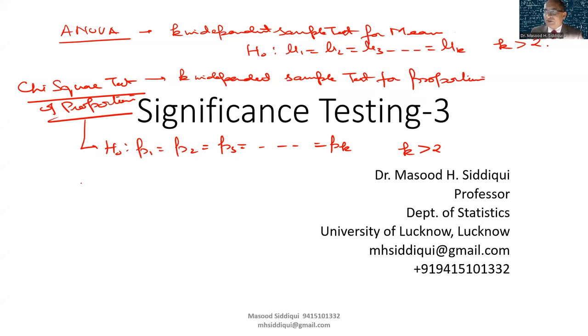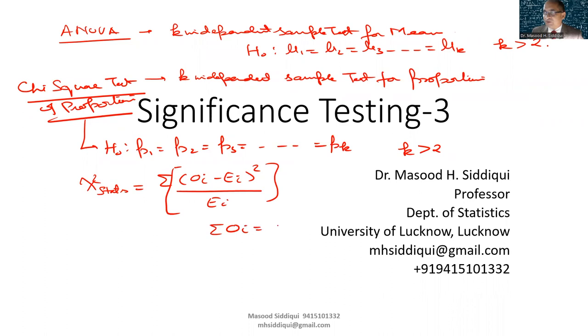So here we will be using chi-square, where chi-square stat is the summation of (Oi minus Ei) whole square divided by Ei, with the condition that the sum of observed frequencies should be equal to the sum of expected frequencies.